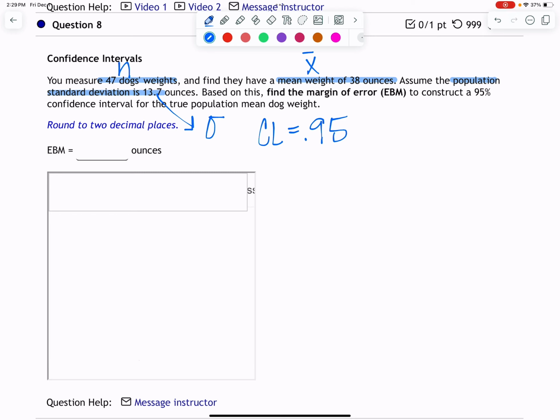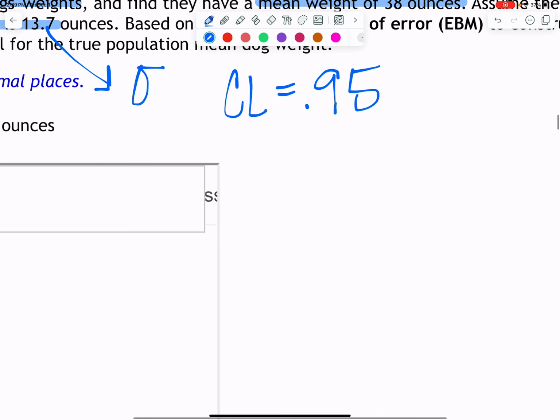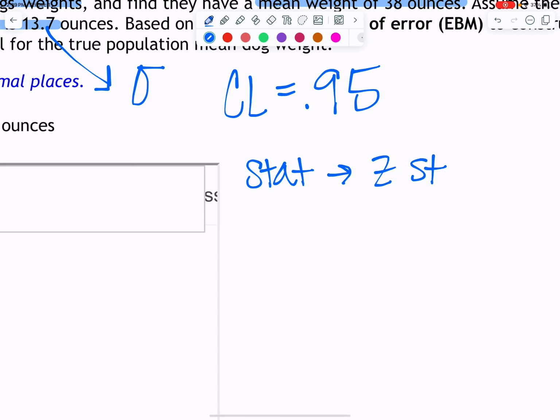On the left side, the middle box, we are dealing with means. So we're going to look in the box that says constructing confidence intervals for the means. If you look down at the bottom, it tells you exactly how to do this in StatCrunch. So I am going to go to Stat, Z-Stats, because I know sigma.